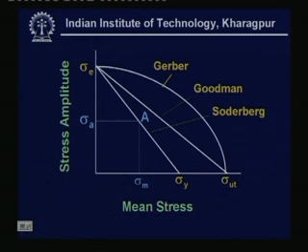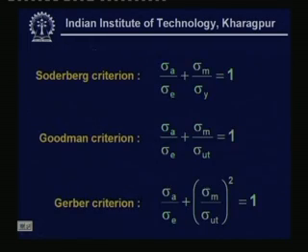These equations, if we look, are something like this. The first equation, the Soderberg criterion, we have just developed. In a similar manner, one can develop the Goodman criterion. You can see there is no change except that sigma yield point is replaced by sigma ultimate.